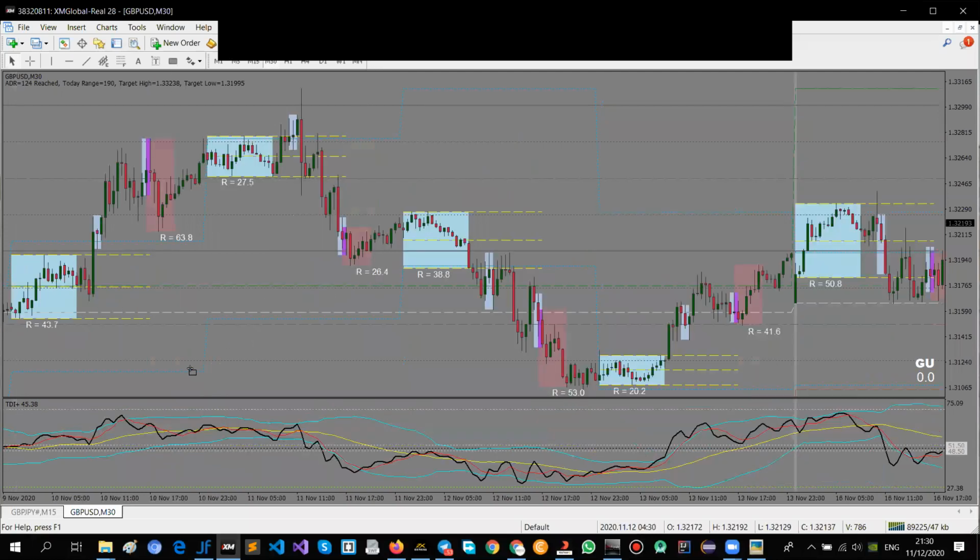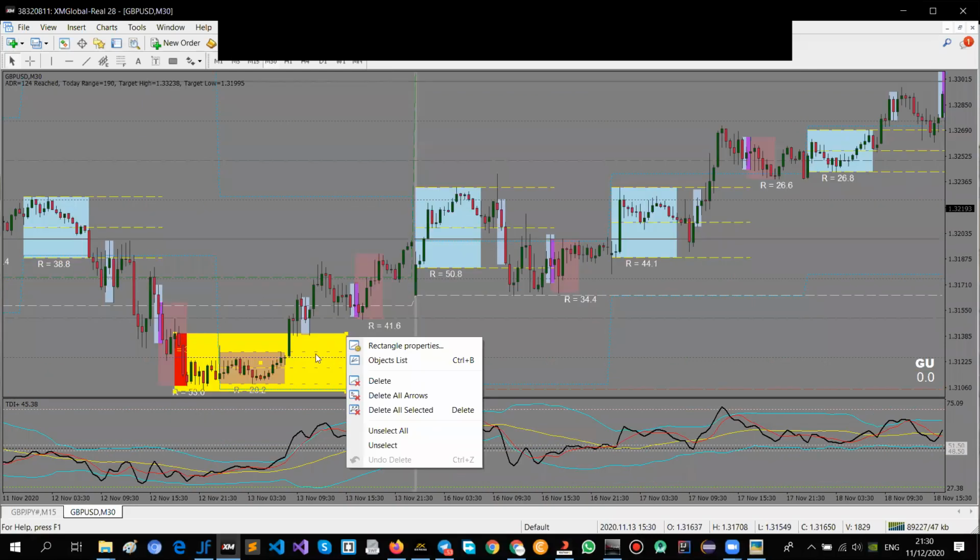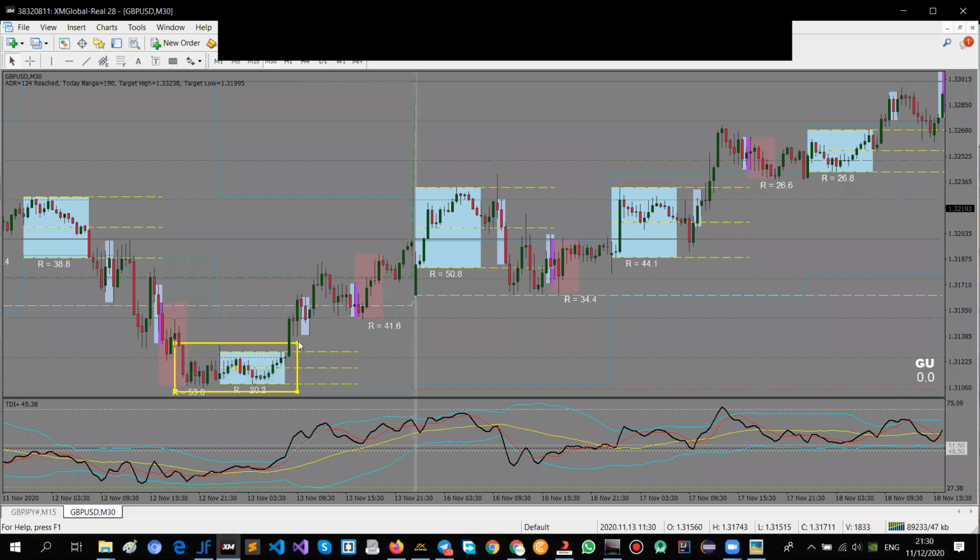As you can all clearly see, this was the peak formation low here. As we said, we look for the lowest tip of the wick. We notice it is from here.